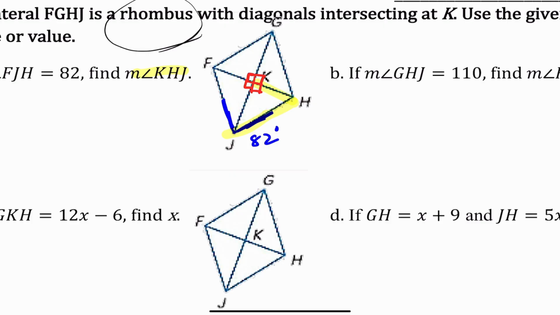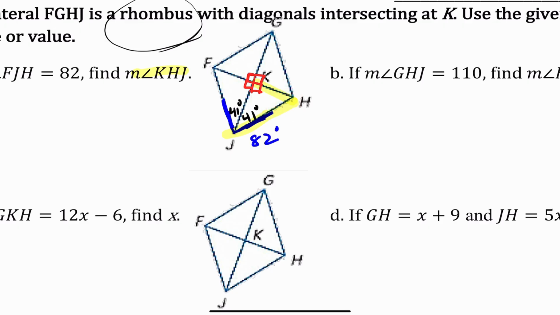If I look at this diagonal, it's going to split angle FJH into two congruent parts. So if we know that this whole thing is 82, me splitting the 82 would give me 41 here and 41 there. What we need to do with this information is find the measure of angle KHJ. This is what I'm looking for.